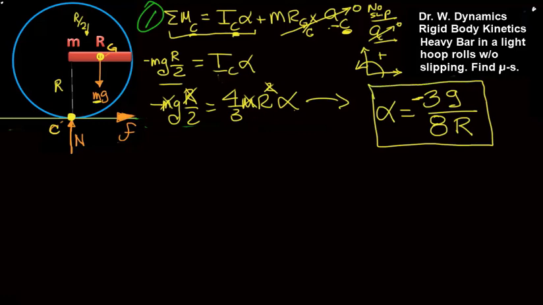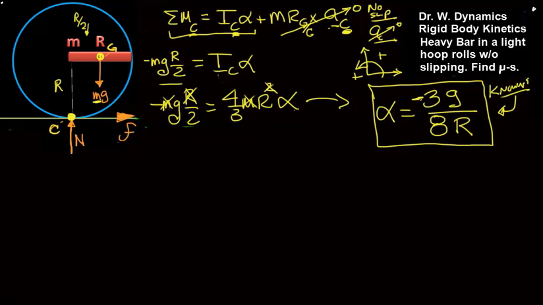And what's nice about choosing to do that moment equation, these are all knowns. So that is the value for alpha. And it's negative because of our convention here. We're saying that counterclockwise is positive, and this hoop is going to roll in a clockwise fashion. So that's what the negative is doing there.